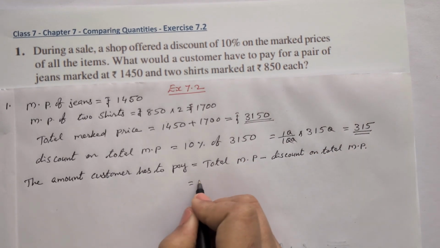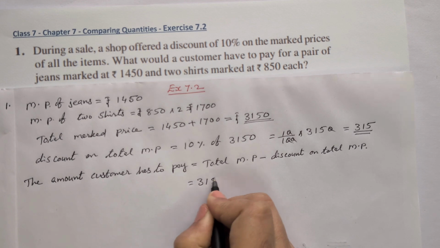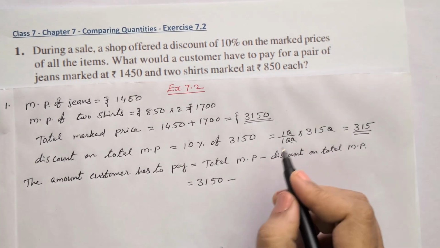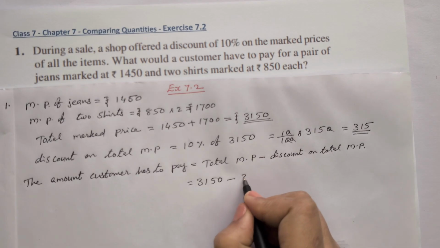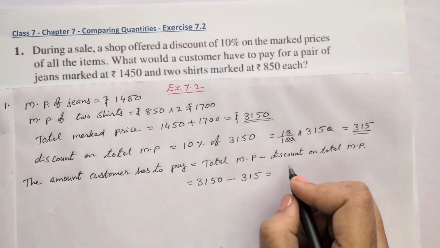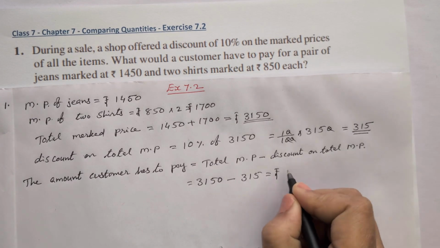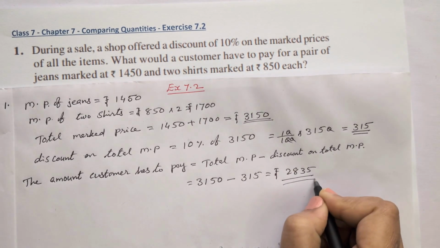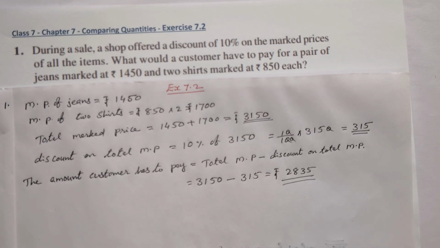So we can write: 3150, the total marked price, minus the discount of 10%, that is 315, which is equal to 2835 rupees. So the customer has to pay rupees 2835.